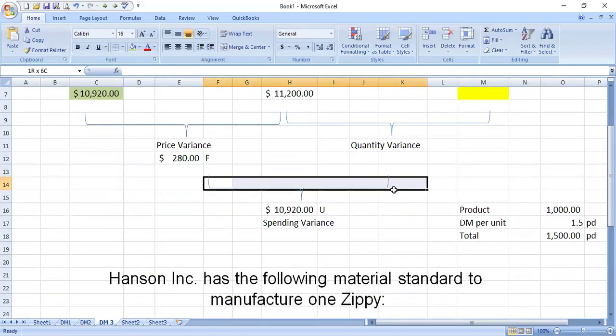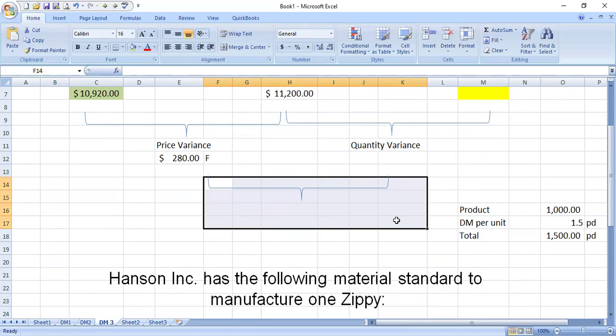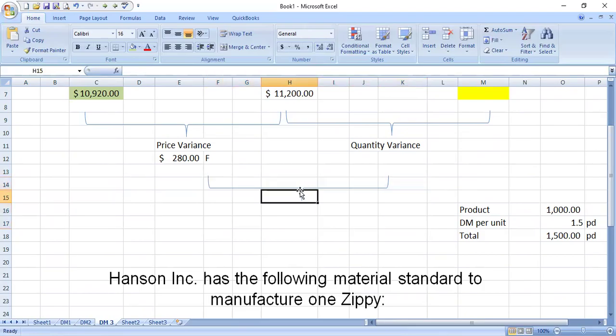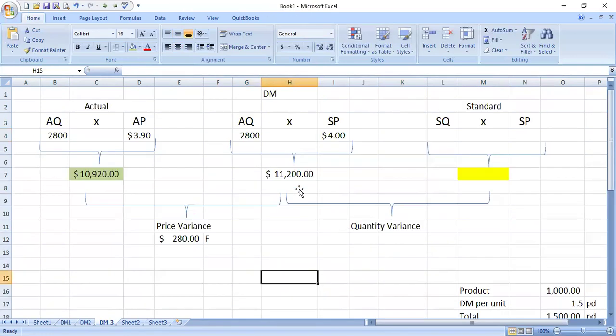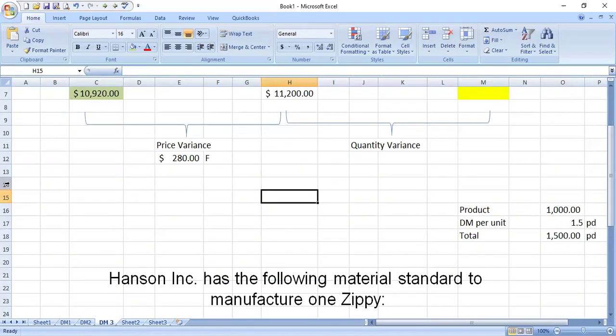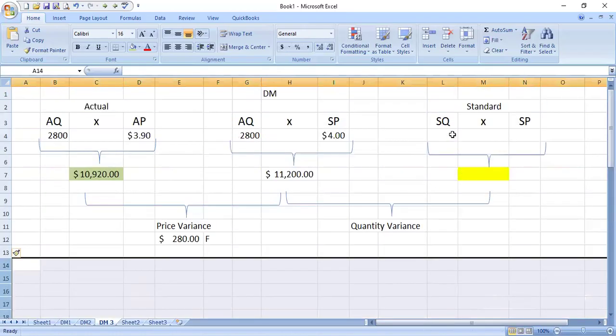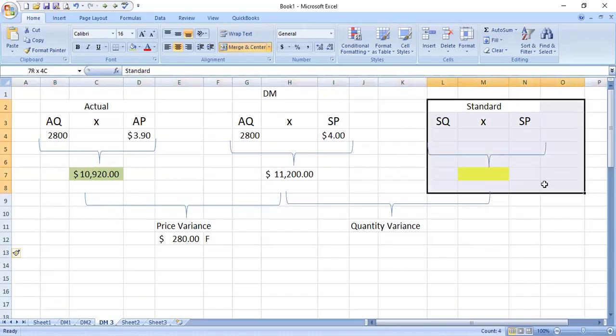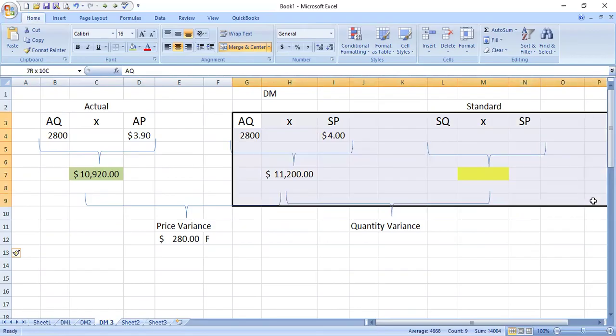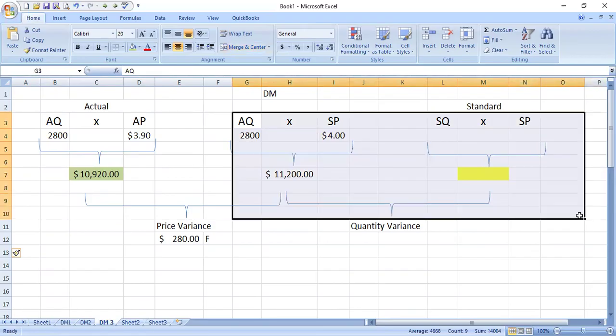For the quantity variance, we're going to use the material used rather than material purchased. So we're going to push all those things down. Let's push it down a little bit. And I'm going to drag this calculation for the standard and move it down all together with this. For the quantity variance, I need this part only.